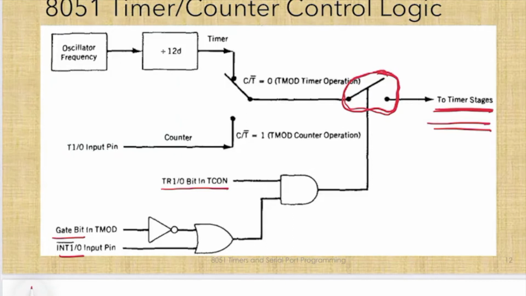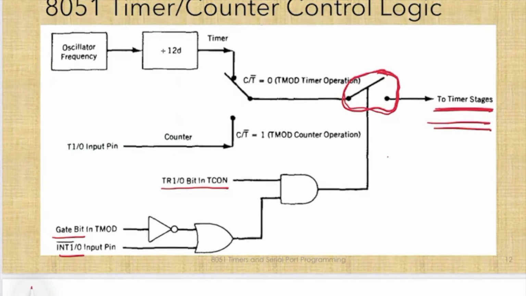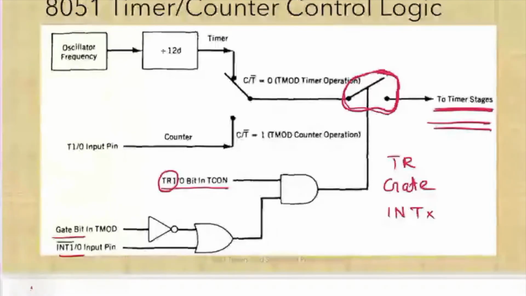But this master control is controlled by three things. One is TR, I will tell you what TR is later. TR, that is this one. The second one is gate. And the third one is INT0 or INT1, INTX, I will write it here. Is that making sense? So TR, INTX, and gate.